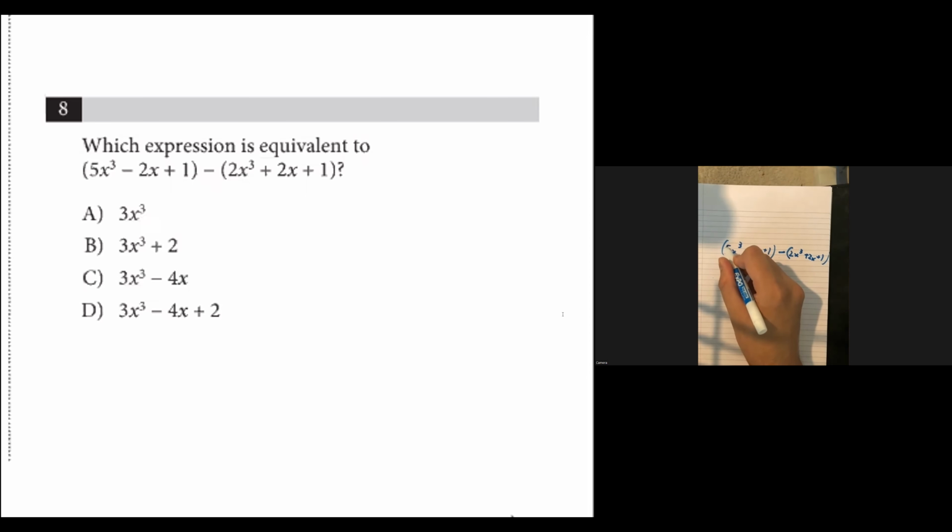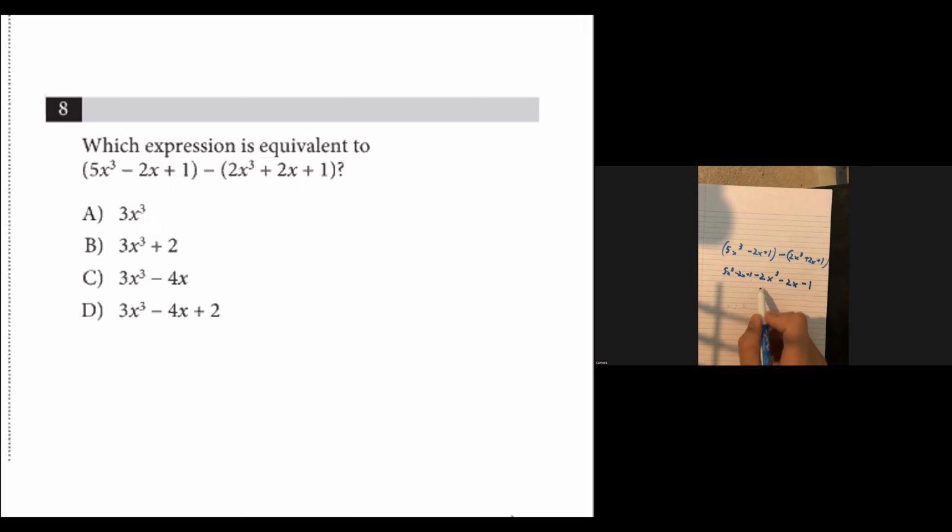And so the first thing you do is you distribute this negative. So you have 5x cubed minus 2x plus 1, and then you distribute this negative within the parentheses, which will get you minus 2x cubed. And then instead of plus 2x, this would become minus 2x. And then instead of plus 1, it would become minus 1, because you're multiplying all of these terms inside the parentheses by negative 1. So you can get rid of this.